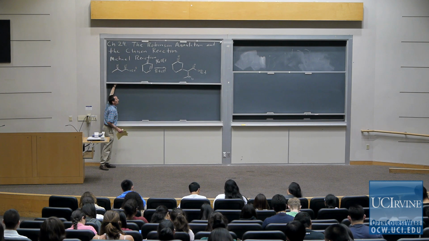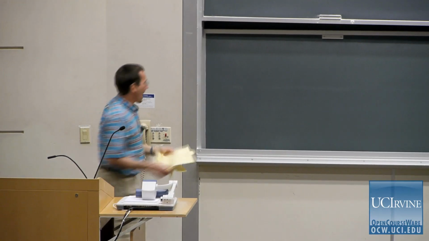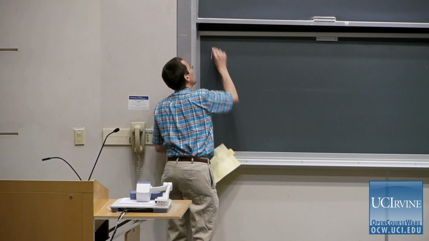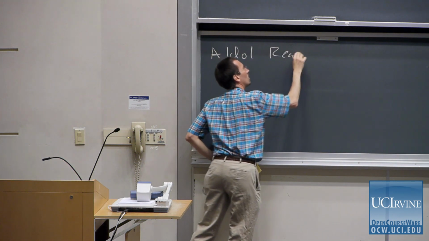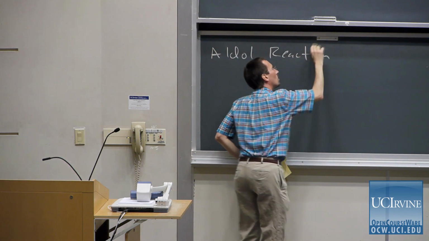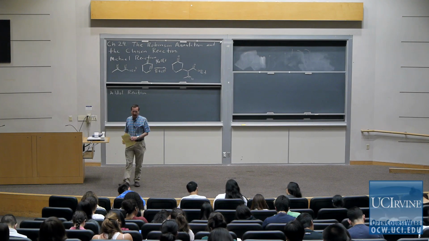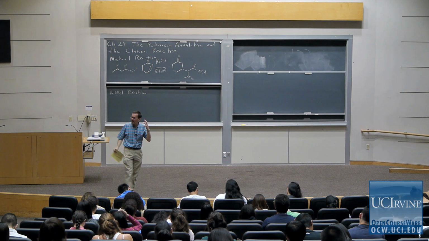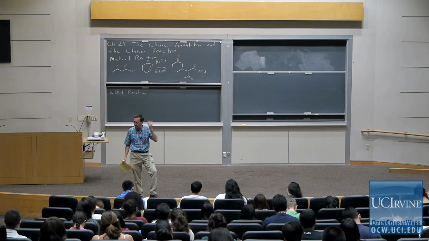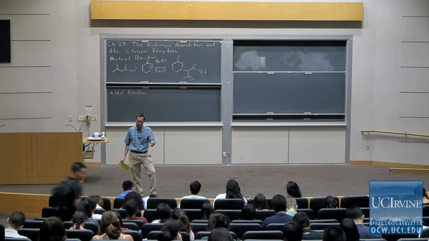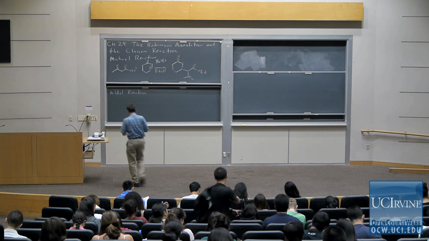Another reaction we learned last time was the Aldol reaction, and we learned it in lots of different forms. I started off by teaching the directed Aldol reaction. I said chemists like to have control, and so in a directed Aldol reaction, we specifically make an enolate first and then allow that enolate to react with a ketone or aldehyde.